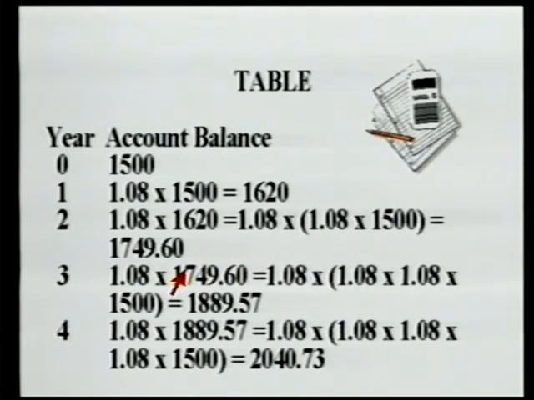Look what we do in our third year. We've got 1.08 times 1.08 times 1.08 times 1,500, giving us 1889.57. You see the pattern? For each year, the factor of 1.08 matches it, times 1,500 in our fourth year, giving us $2,040.73.